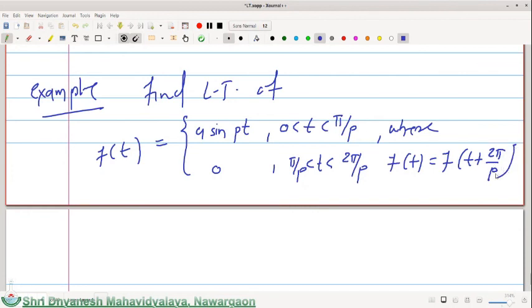That means 2 pi by p is the period of f of t. You try this example as your assignment.